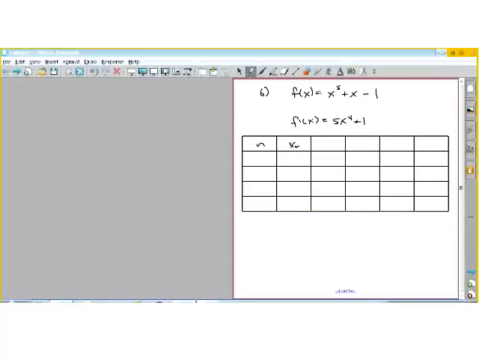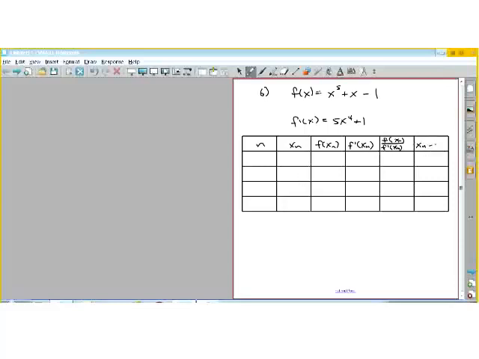So we have n, we have x sub n, we have f of x sub n, we have f prime of x sub n, we have f of x sub n divided by f prime of x sub n, and then we have the final answer, which will give us the new value of x.